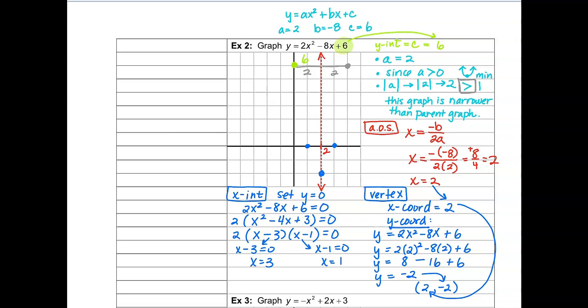Now, I think you guys can see we really don't need to find extra points for this. But that would be the next step, and so I would make a table x, y.